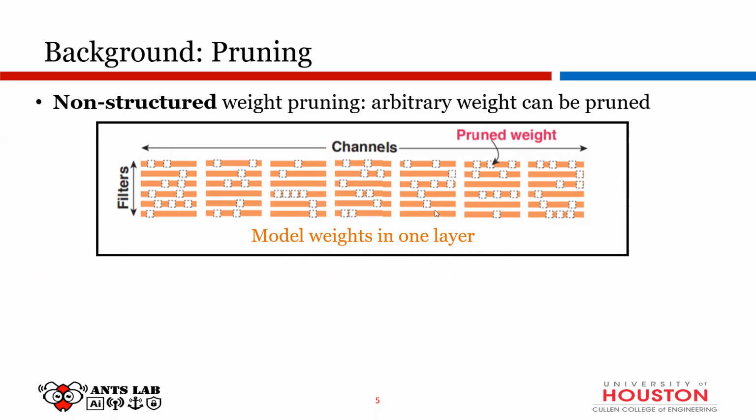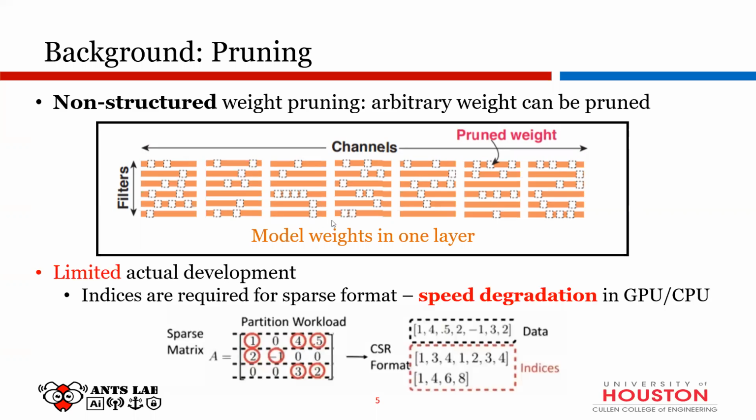Since this is fine-grained pruning, we can actually achieve the same accuracy as the original networks. But unstructured pruning is very difficult to implement in real-world designs, because in order to save the sparse matrix, we need to store the index. Due to the unstructured properties, the storage of this index can be very huge, and that causes speed degradation in modern GPUs and CPUs.